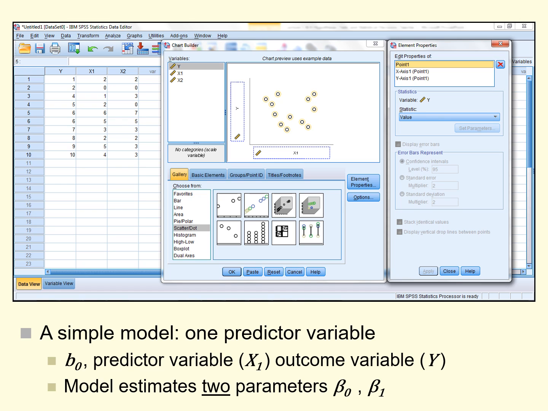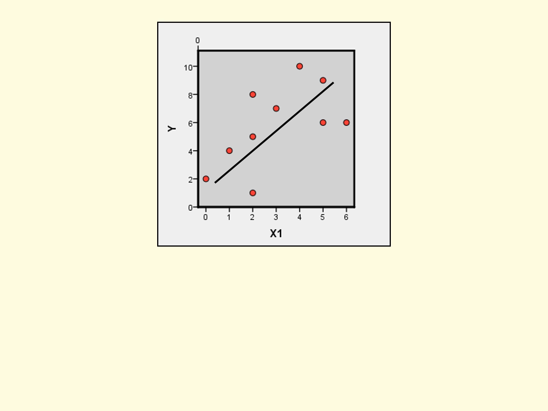Now, this model is going to have two elements in it. It's going to have a slope and an intercept, or equivalently put, it's going to have two parameter estimates, b sub 0 and b sub 1. And if I hit the continue button or the OK button, I'll get some sort of output that looks a little bit like this.